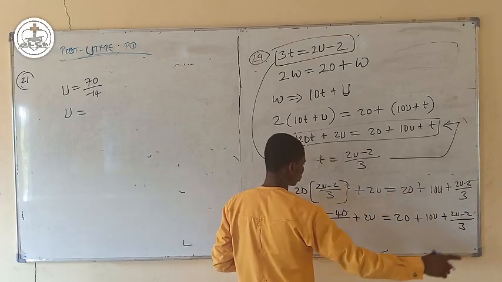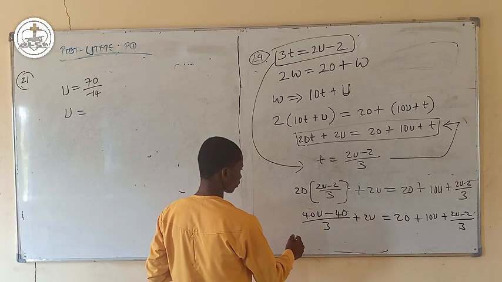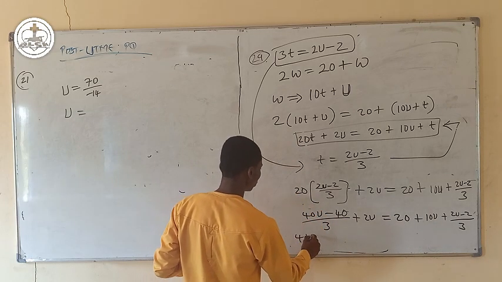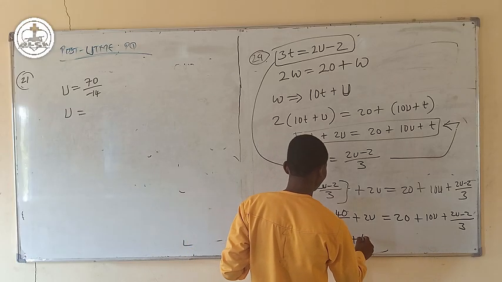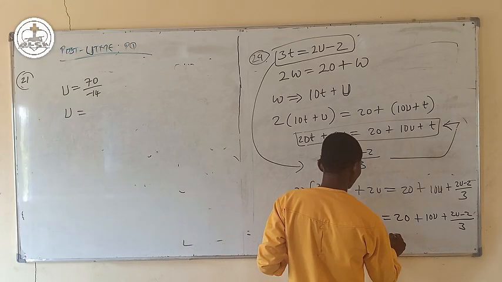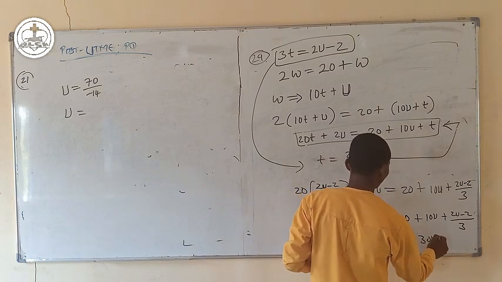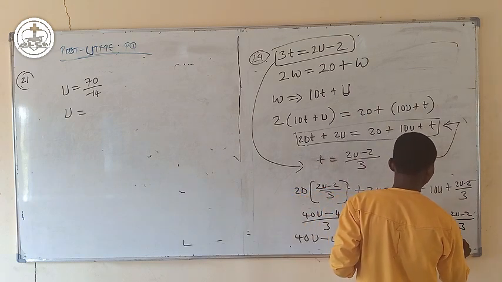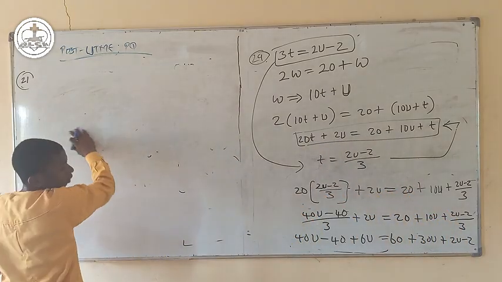So like I said, multiplying through by 3, our denominator is 3. We're going to have 40u minus 40 plus 6u is equal to, by 3, 60 plus 30u plus 2u minus 2. We'll continue from here.